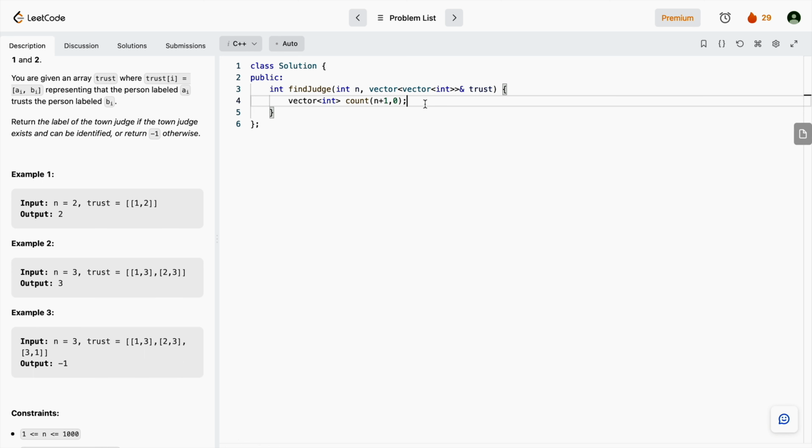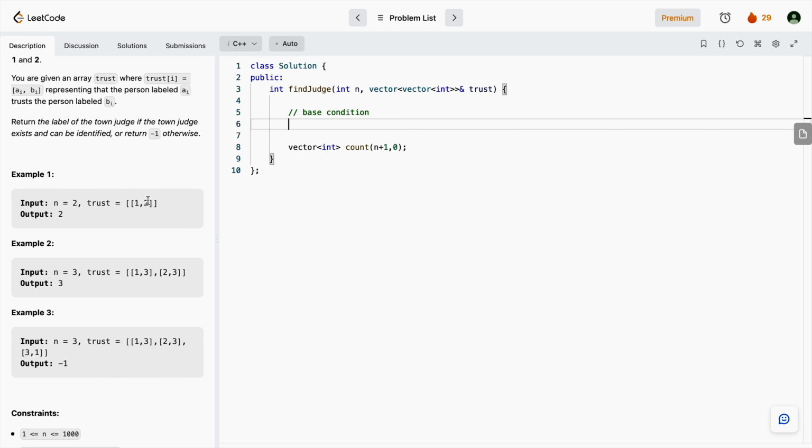I will do a base condition here. What would be the base condition? If the trust vector is completely empty and n is equal to 1, then the town judge is never trusted by someone, because there is only one person.